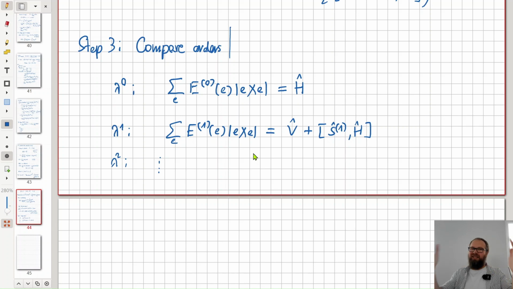This whole system will be soluble if, to solve order k, we don't need to know the solution to higher orders. So you can just go from the lowest order, and you can iterate order by order.